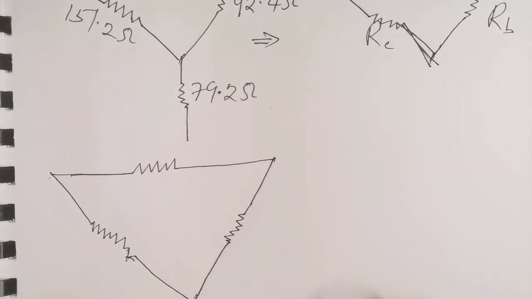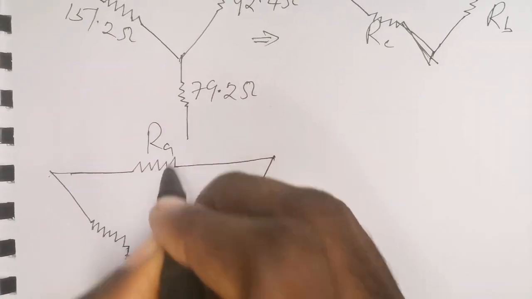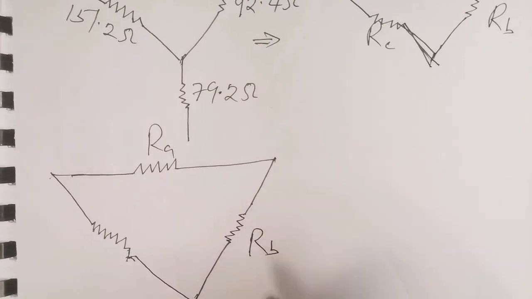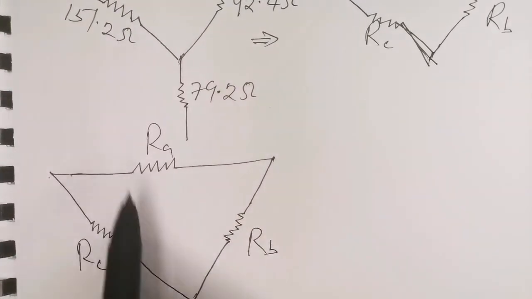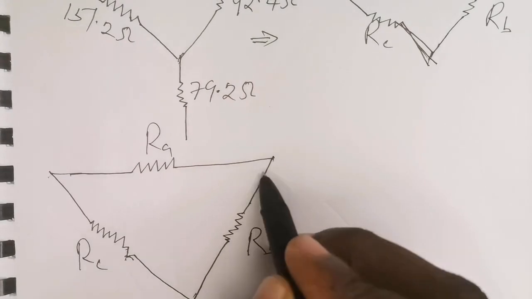So this is our delta network. We call the RA, we call the RB, we call the RC. Let's plug in our known star network now.